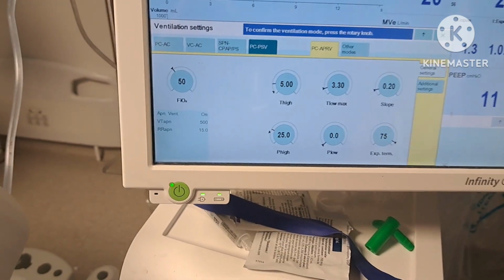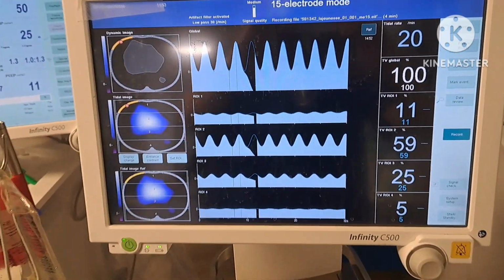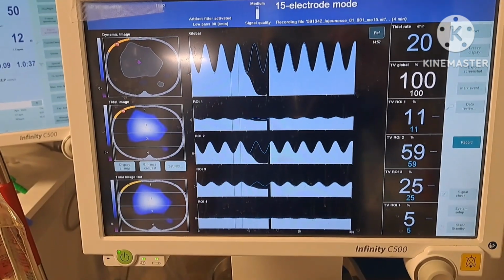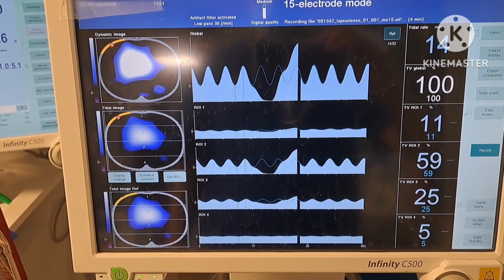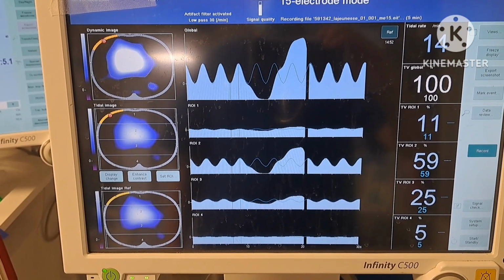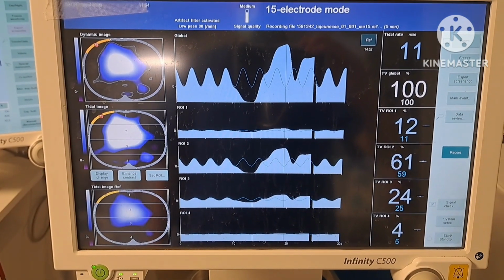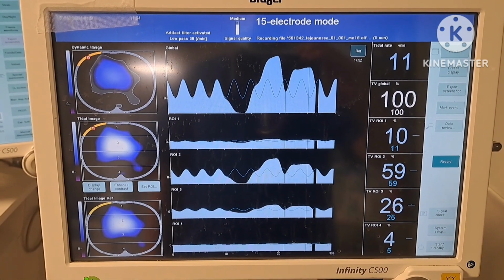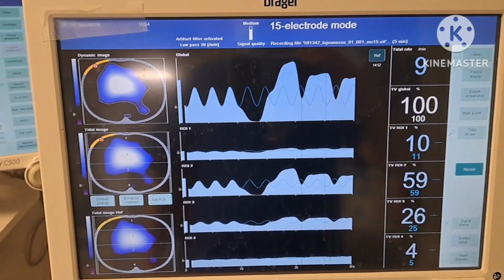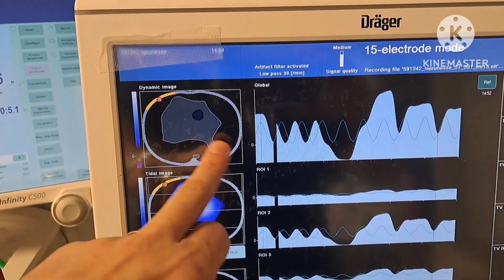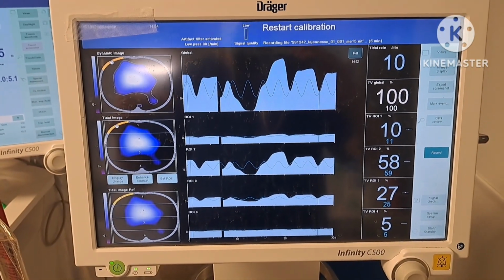We'll start with 5 and we'll confirm. Give it a sec. Tweaking a little bit here, and then what I'm going to do is adjust the P high.